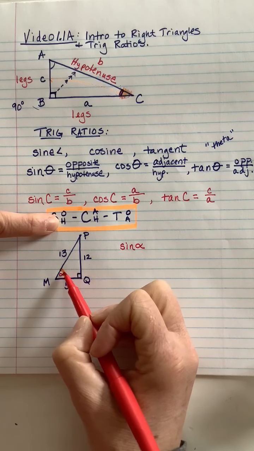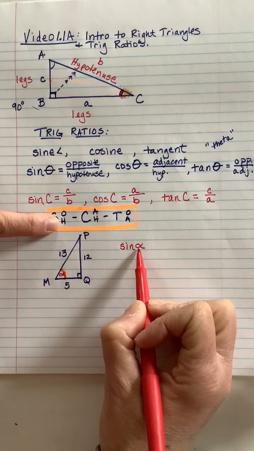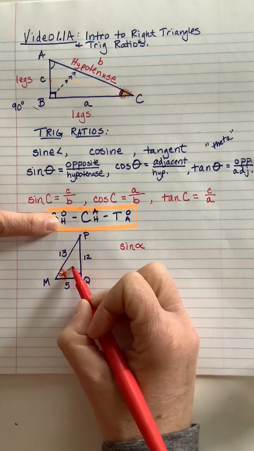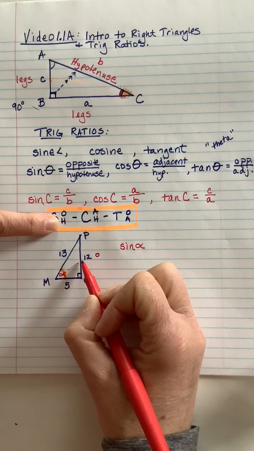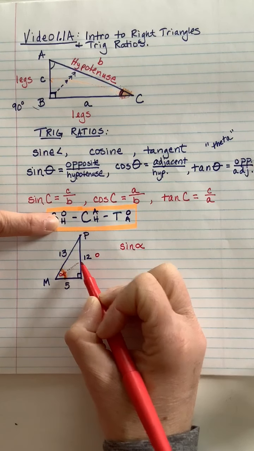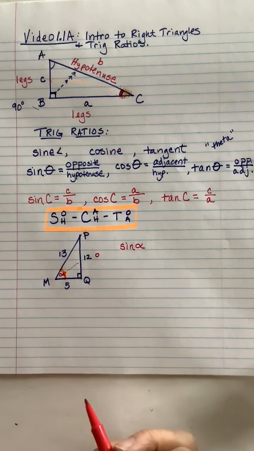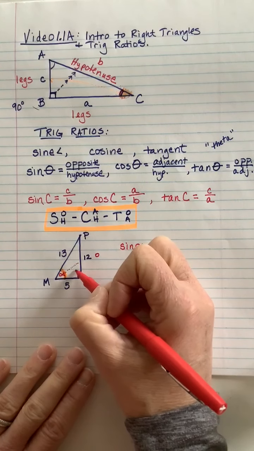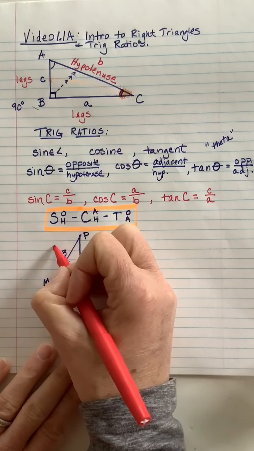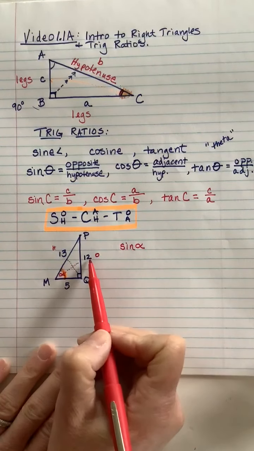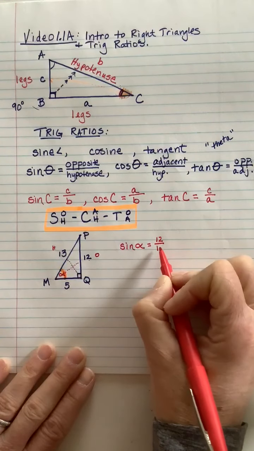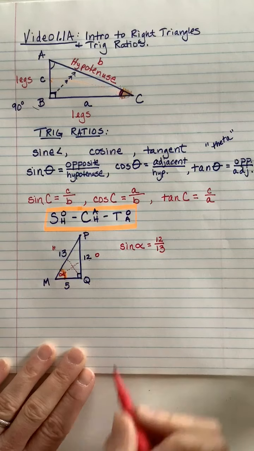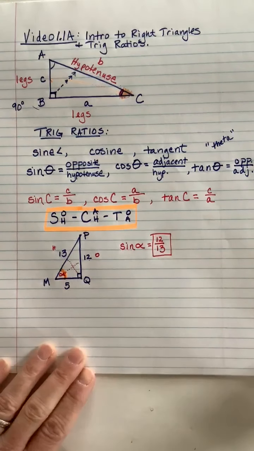So when I'm looking at angle M or little alpha, I'm looking for opposite, here's my opposite, way across the triangle, over my hypotenuse. Okay, wait a second. Hypotenuse, remember, the right angle always points at that hypotenuse. So there's my opposite piece, 12. There's my hypotenuse piece, 13. So the sine of that angle is 12 over 13.